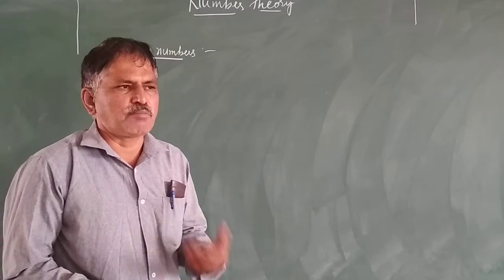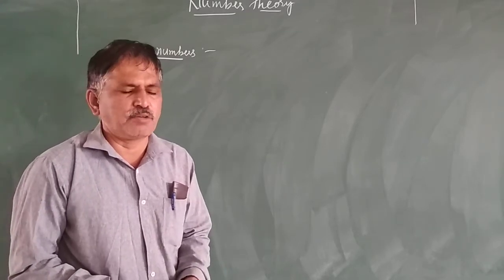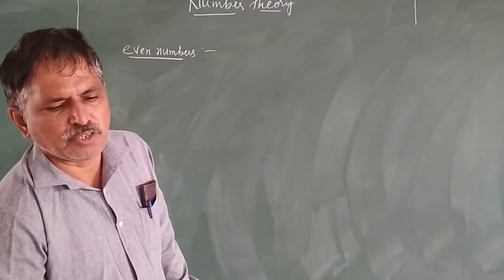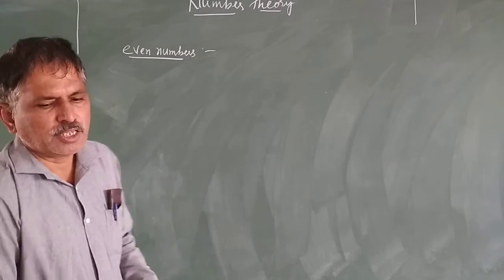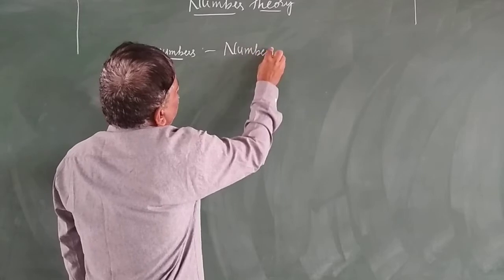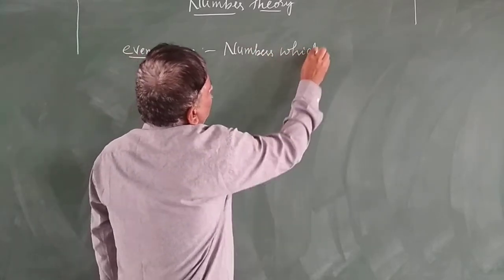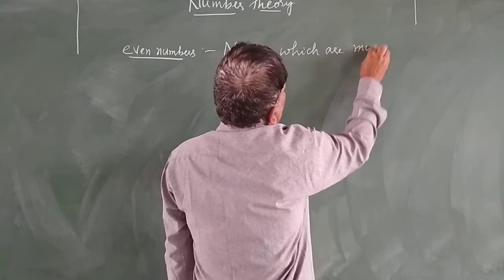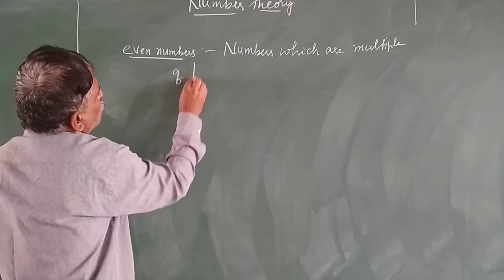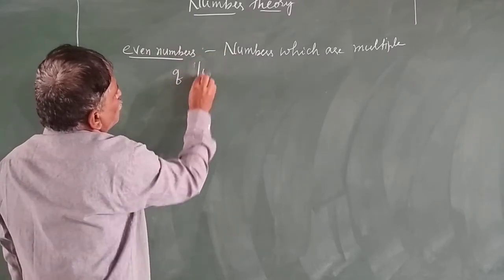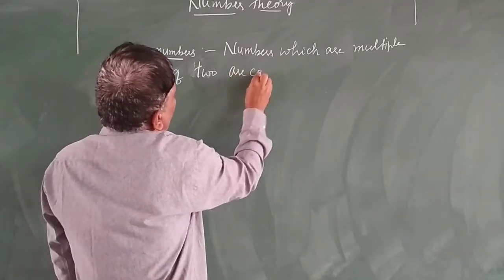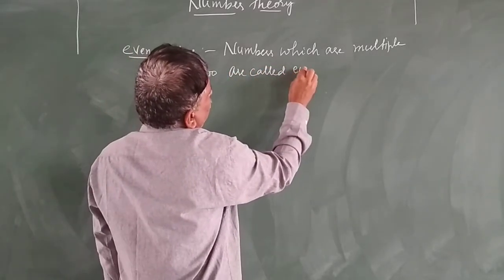Those numbers which are multiples of 2, or which are divisible by 2, are called even numbers.